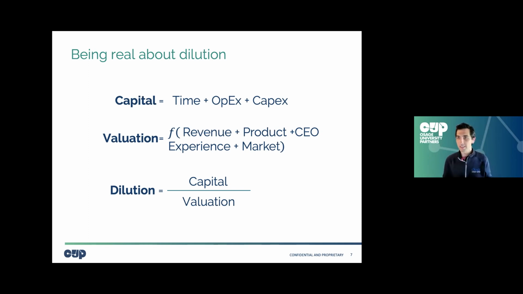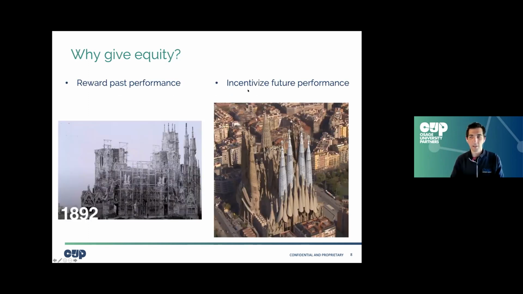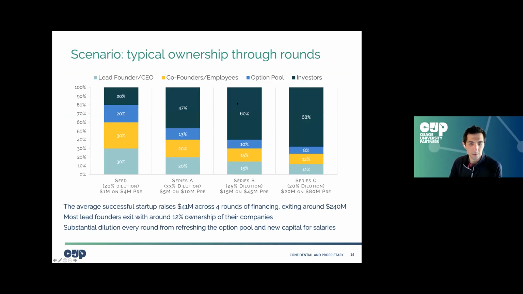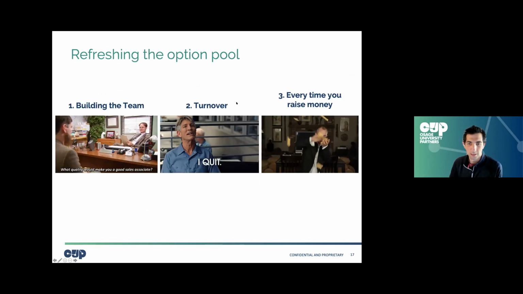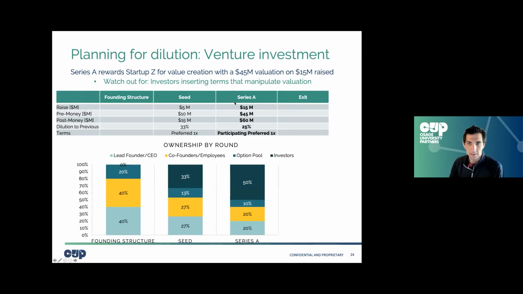Down rounds affect everybody. Coming over to this scenario, the Series A was an up round. An up round is when the pre-money of your next round is above the post-money of your last round.